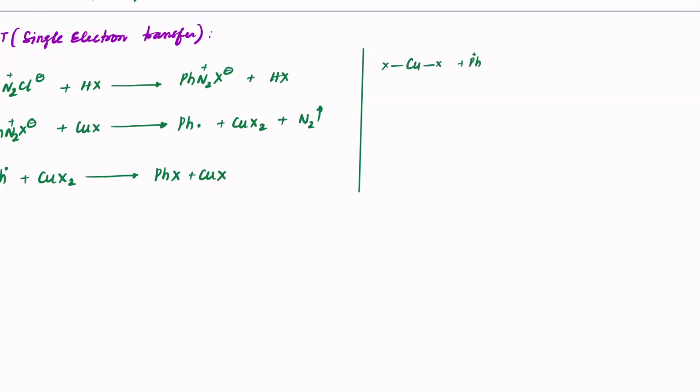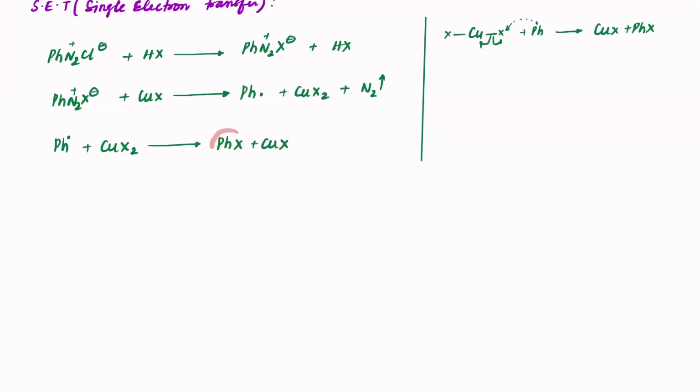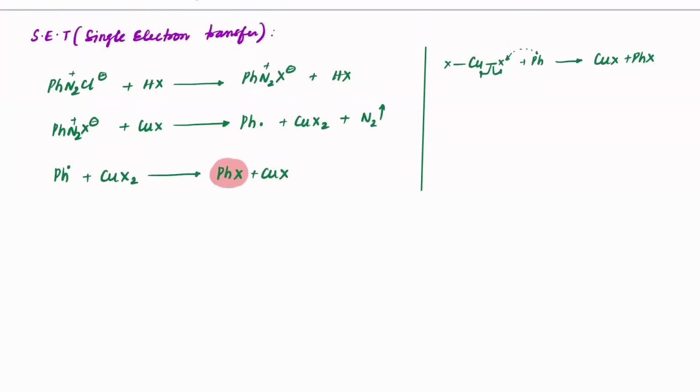So this Ph dot and this X dot combine with each other, releasing CuX, and here you get PhX. That's how you get halobenzene or cyanobenzene, chlorobenzene, bromobenzene, anything of that sort.